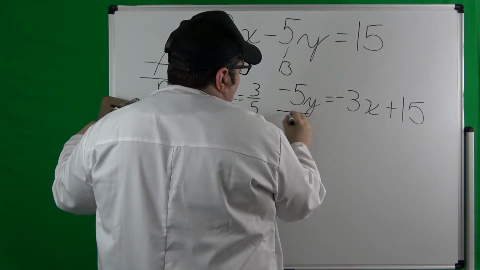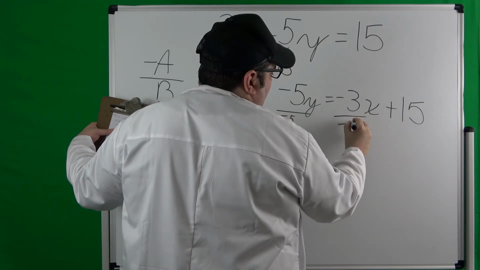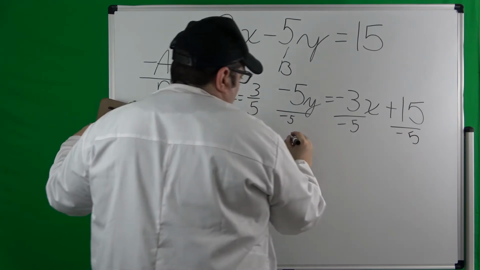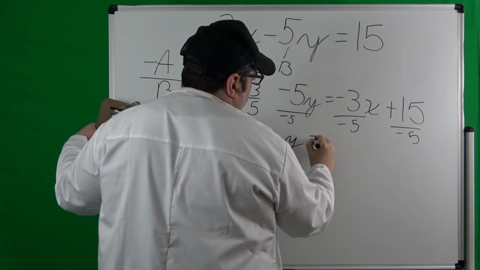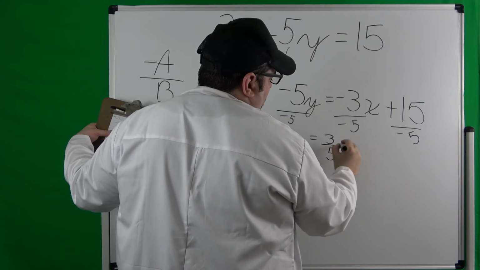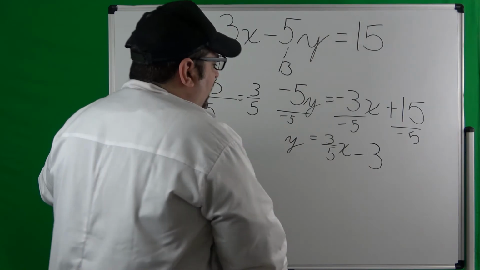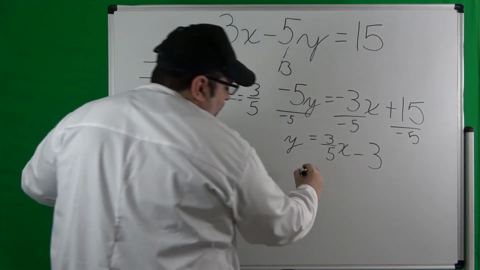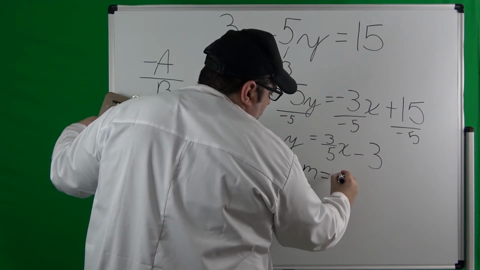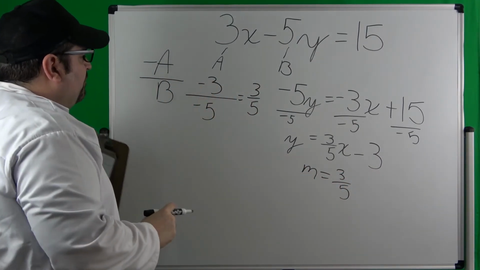Divide by negative 5. Do that to each term. And you get y equals 3/5 x minus 3. And there you go. Look, we still got m, which means slope, equals 3/5. Same thing, right?